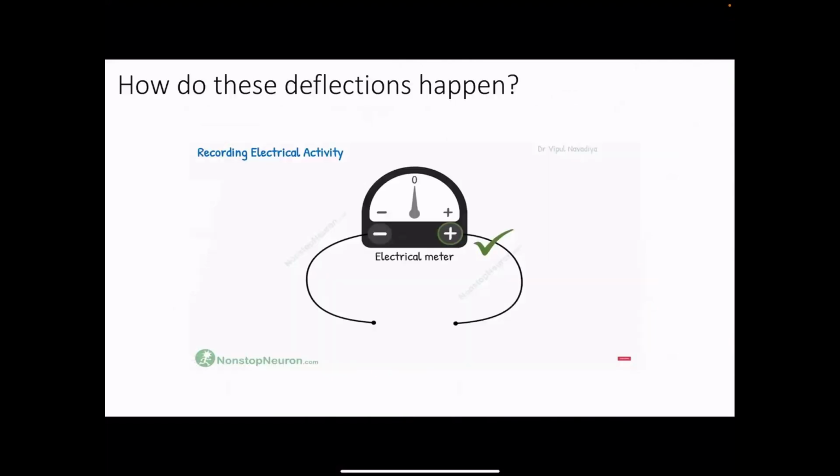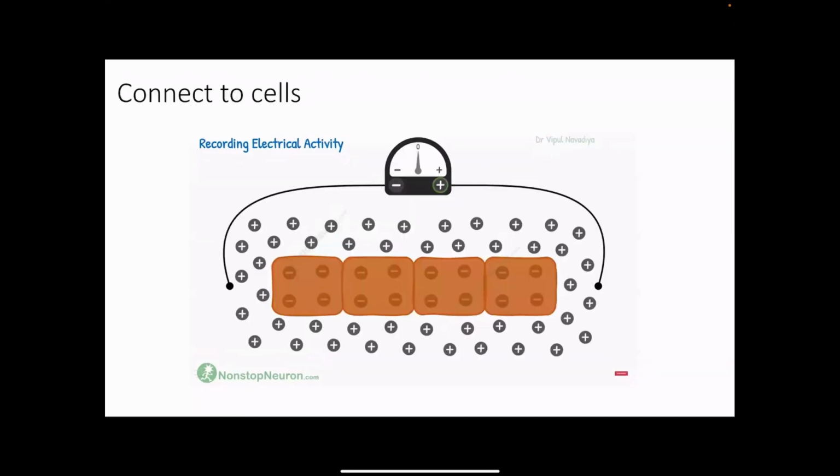Now, I want to go into why we see these deflections on the ECG. To start this concept, you have here a voltmeter, a meter that is measuring the difference in charges, okay? You have a positive end and a negative end. This only deflects or moves if there's a difference between the charges here and here.